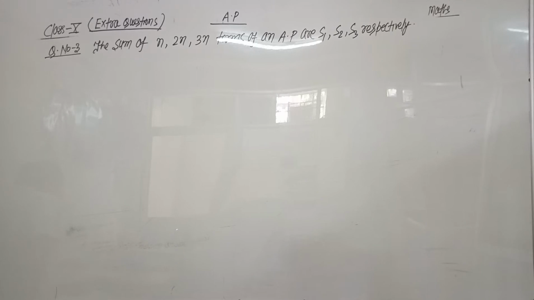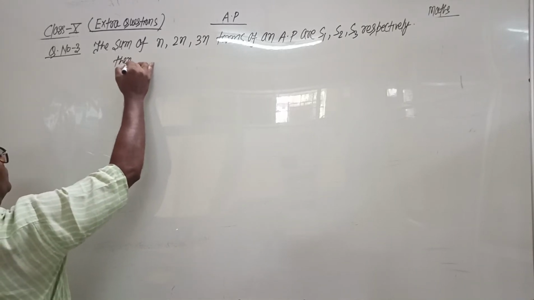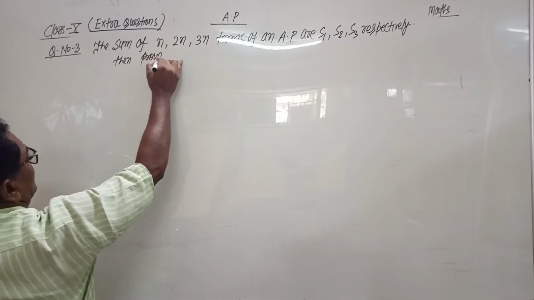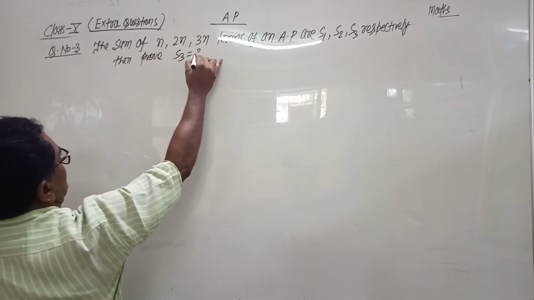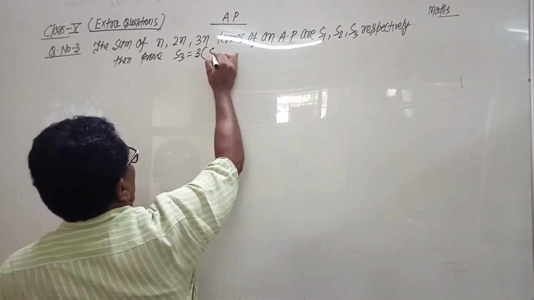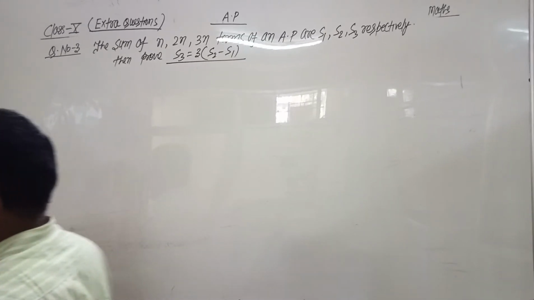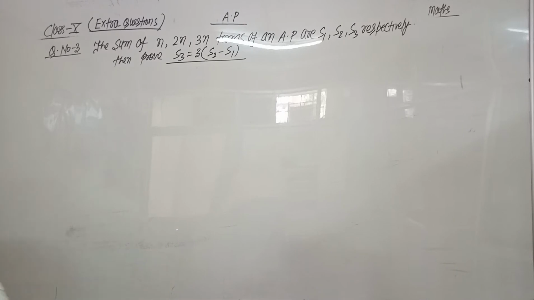Then prove S3 equals 3 times of S2 minus S1. This we have to prove: S3 equals 3 times of S2 minus S1.